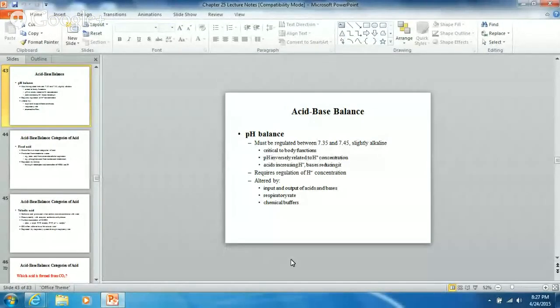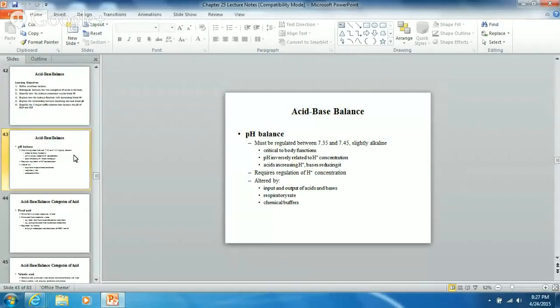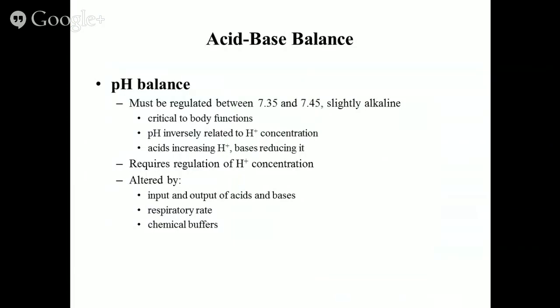Well, first things first, something that you have to understand is that our body has to maintain something called a proper pH. And pH is nothing more than a measurement of how many hydrogen ions happen to be in a solution.